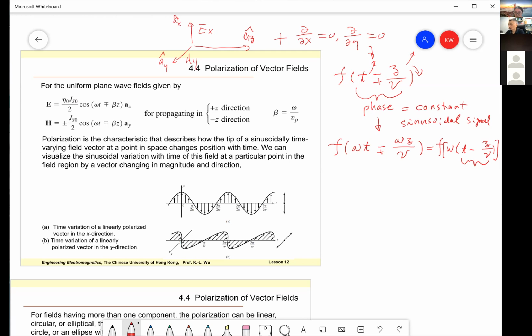Then to make this expression simpler, because this is sinusoidal, f is, in a particular form, omega t minus or plus beta times z.